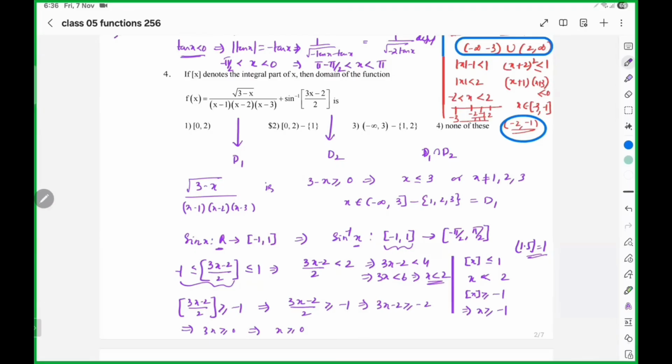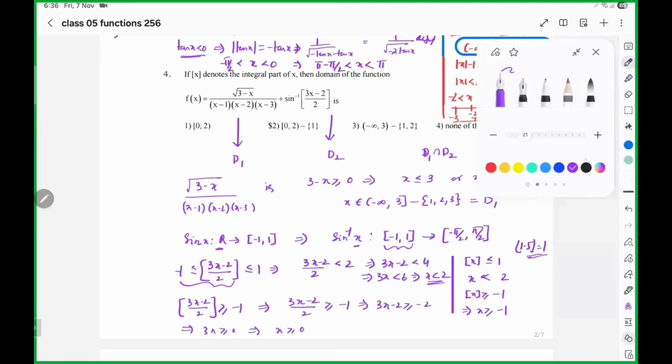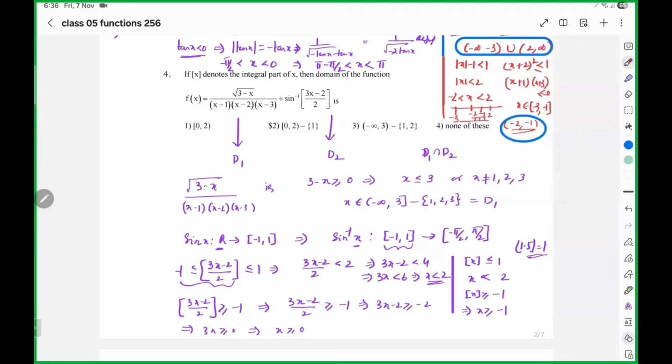So now it lies in the boundaries between minus 1 and 1. Finally, what I got here is 0 less than x less than 2.